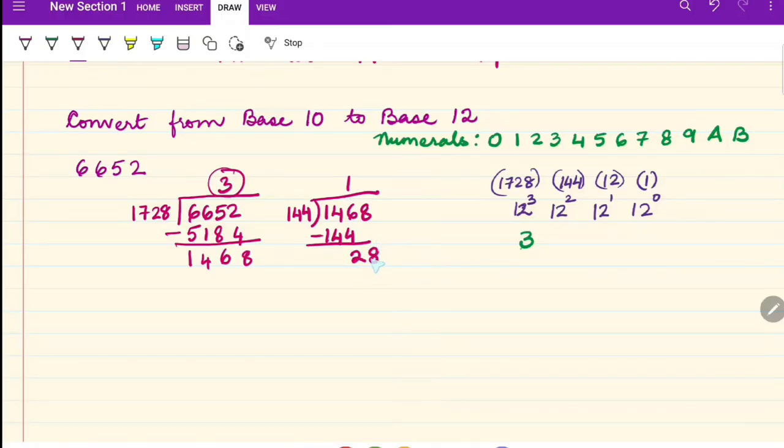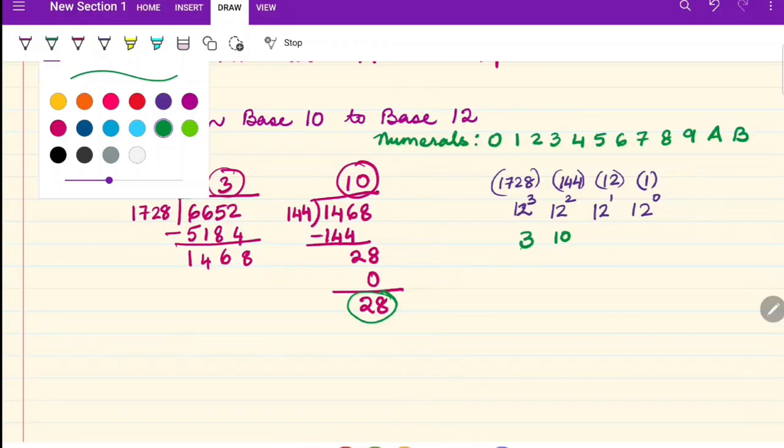Now 28 is less than 144, so it goes 0 times. All right, so 144 goes 0 times into 28. So we are going to write 0 times 144 is 0, which gives us a remainder of 28. So here our quotient is 10. All right, so I'm going to write 10 below the positional value that we did the division with.